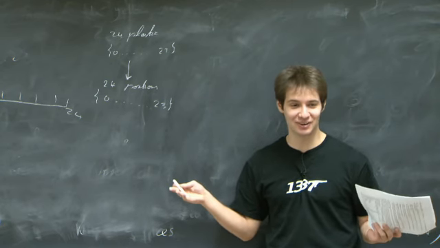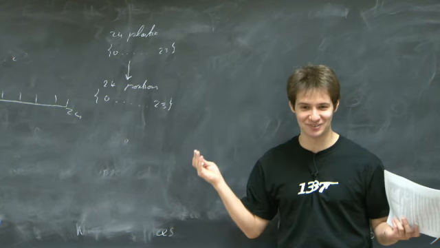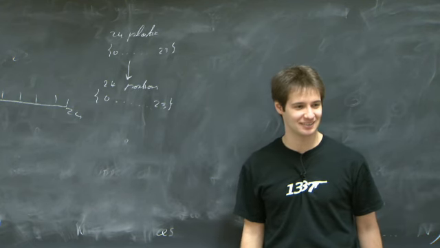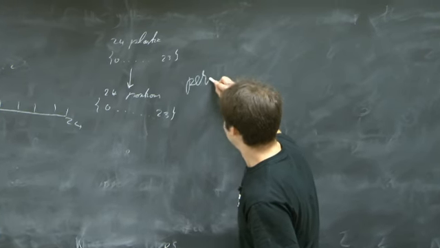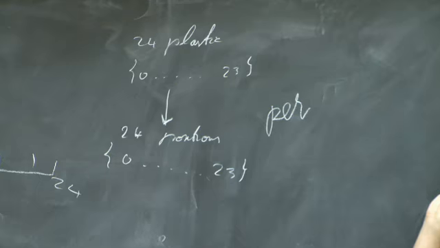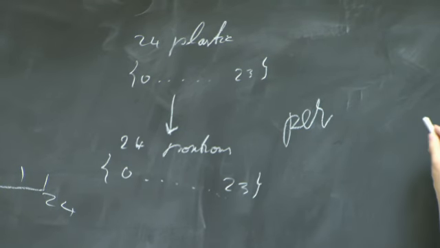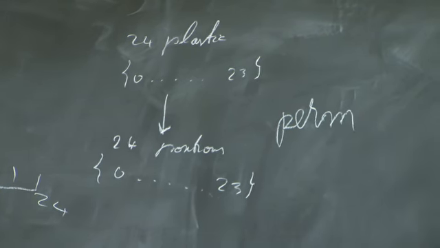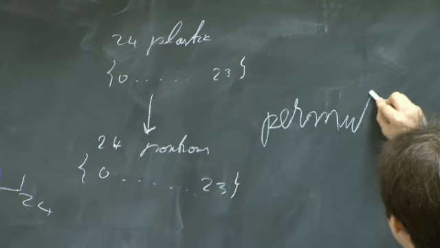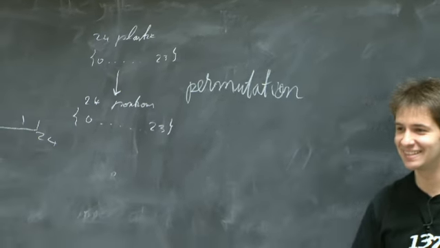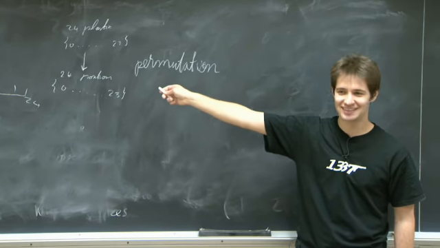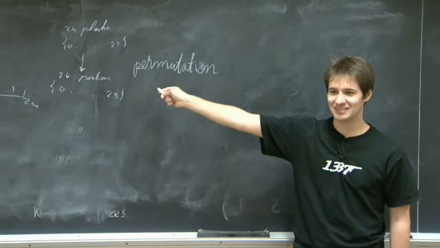If you remember the end of 6.042, maybe the answer is somewhere there. A permutation. We totally learned about that in middle school, I think. Permutations and combinations. So this is a permutation. How many permutations do you have out of 24 elements?